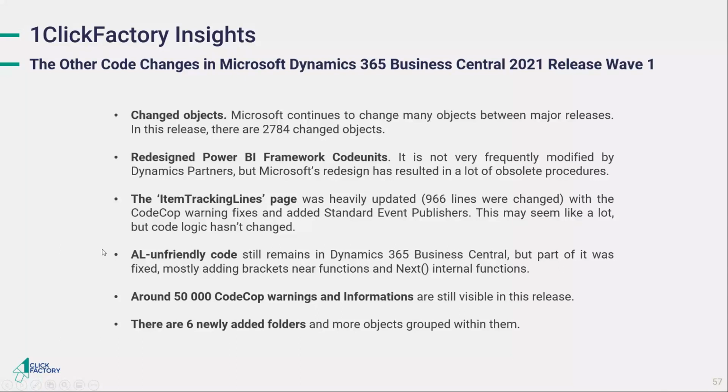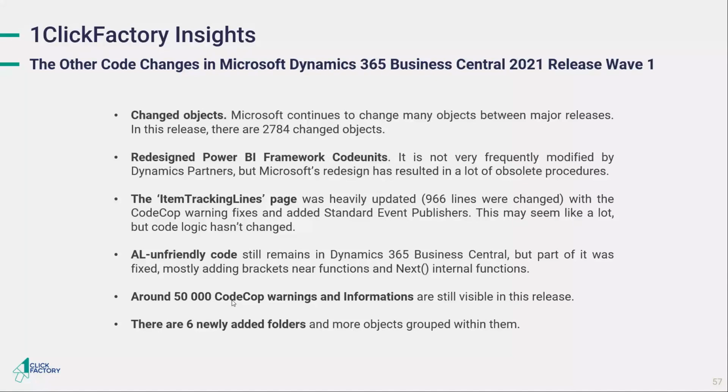But still, there is a lot of AL unfriendly code in Business Central, and Microsoft is still mostly adding brackets near functions and the next internal functions. So we still see that Microsoft is making code AL friendly. Around 50,000 code cop warnings and informations are still visible in the base app.